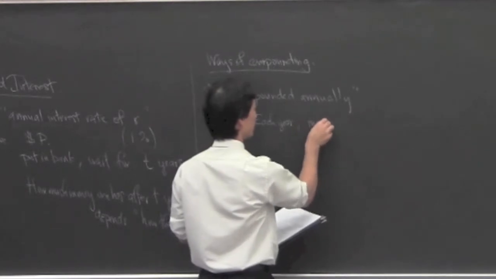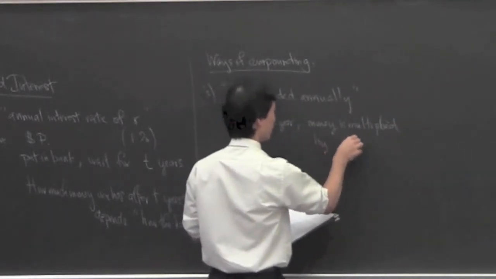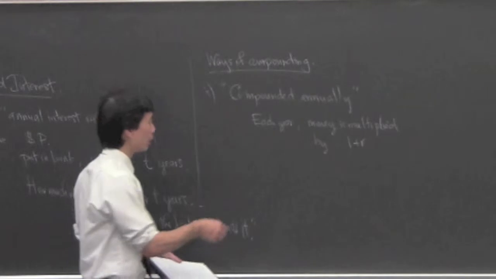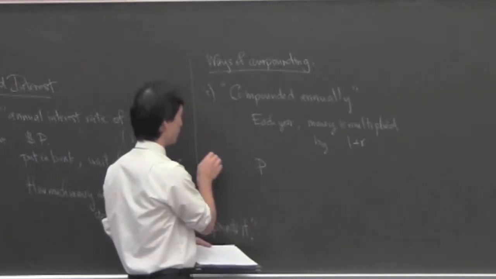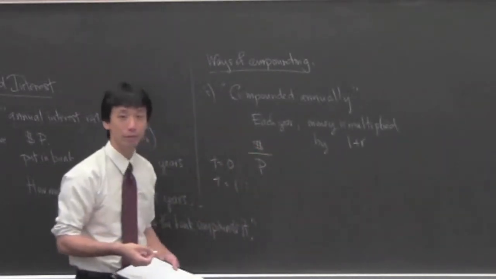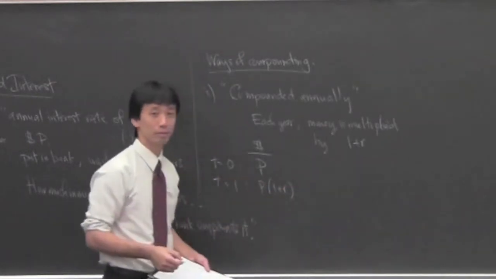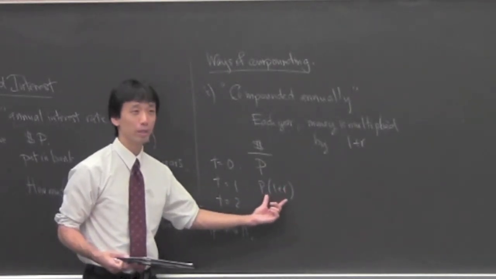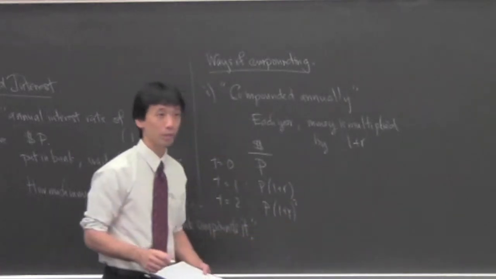So each year the money is multiplied once by 1 plus R. You start off with your money, P. At time 0, T equals 0, you have P. At time 1, you have P times 1 plus R. At time 2, they look at how much money you have in the bank, that's P times 1 plus R, and they multiply that by 1 plus R. So you get P times 1 plus R squared.